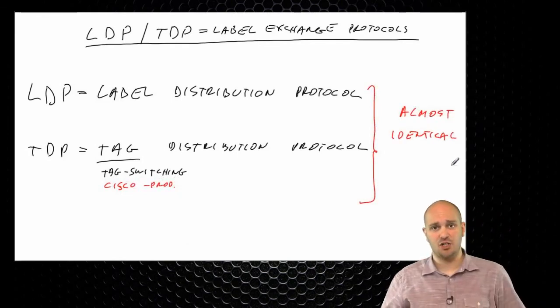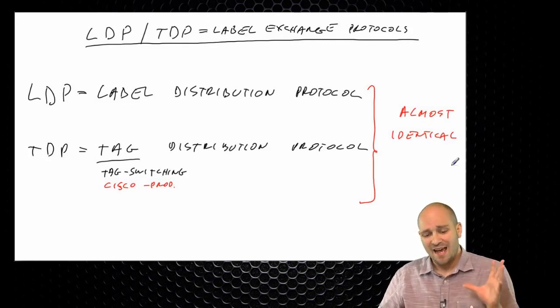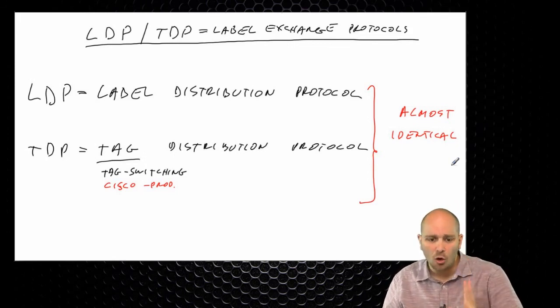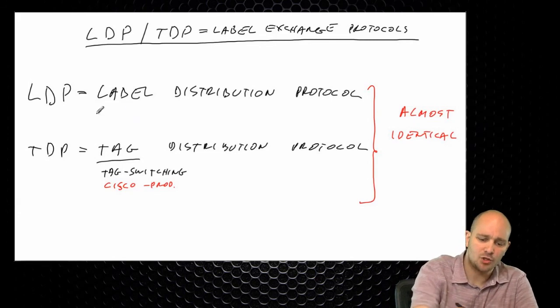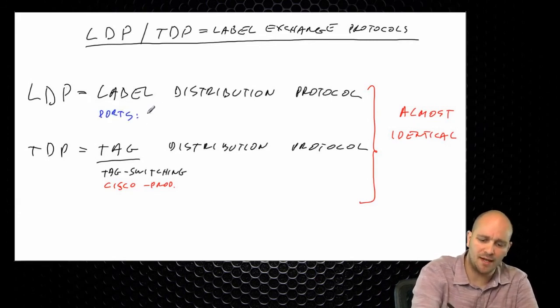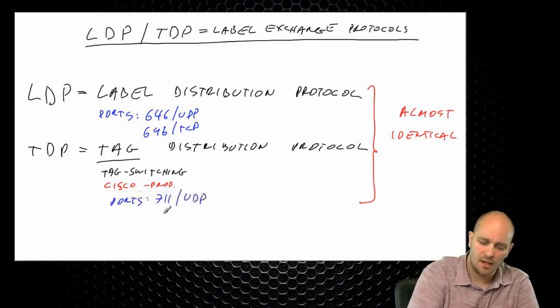In the IOS, they share the same databases, they exchange information in pretty much the same way, except that they use different port numbers. So they cannot talk to each other, but they operate in the same way. The port numbers used by LDP are 646 UDP and 646 TCP, and ports in use by TDP are 711 UDP and 711 TCP.